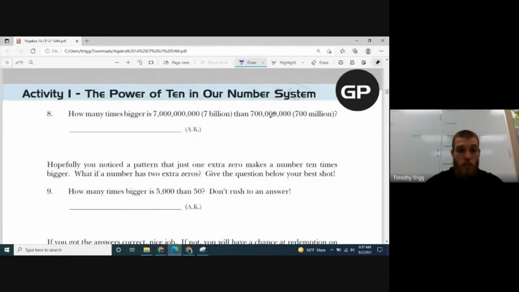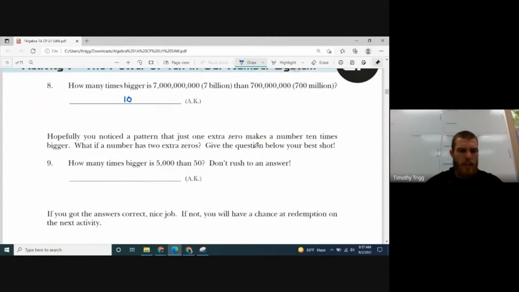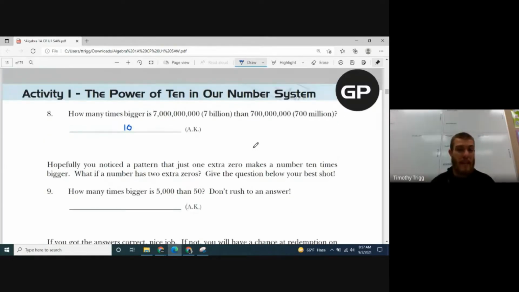And from 700 million to 7 billion, this 700 million has 8 zeros, and 7 billion has 9 zeros, so that's just adding one more 0. In other words, 7 billion is 10 times bigger than 700 million. And that's the case because we're in a base 10 system, right? We count by tens and so forth.